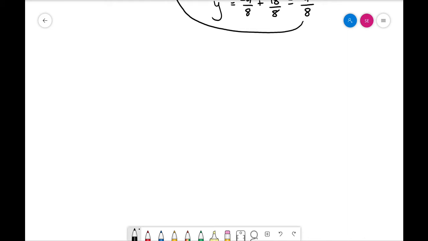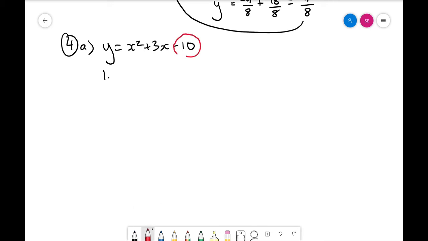Cool. Let's do 4a now. So we've got y is equal to x squared plus 3x minus 10. So again, step 1. We're going to find the y-intercept. Now a trick, the y-intercept is always going to be this number here.